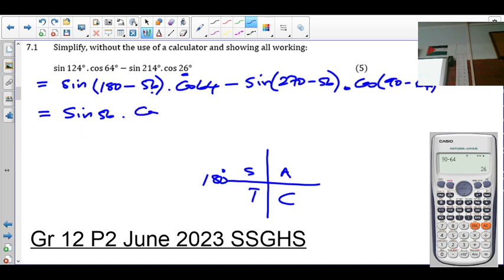Then this will be cos 64. Remember, under 90 and 270, the co-function is applied, the co-ratio.